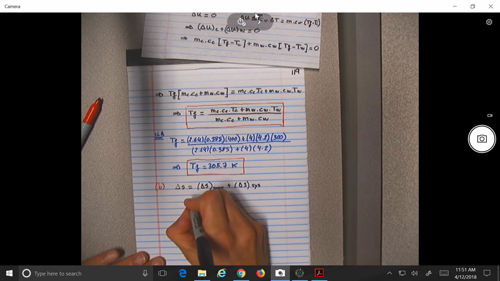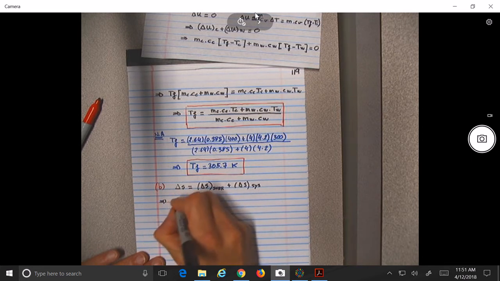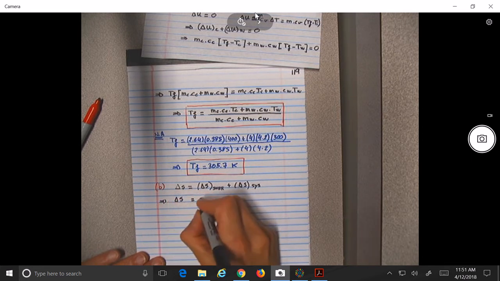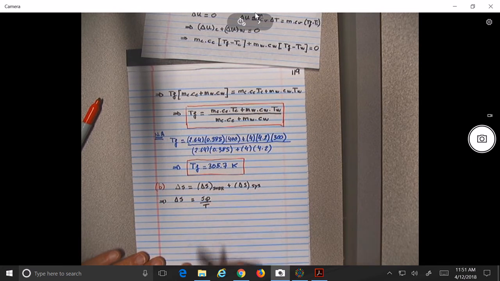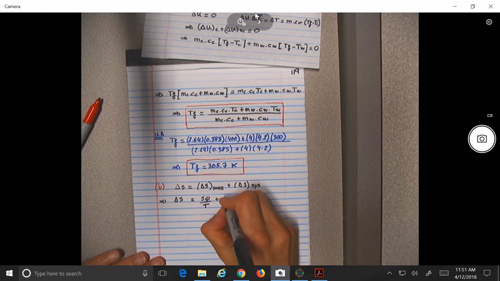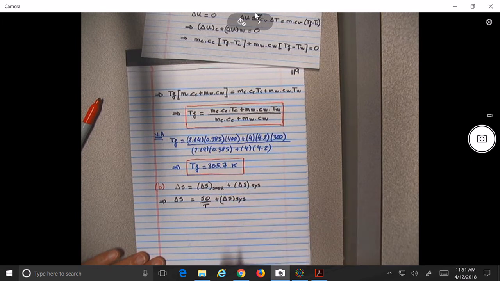And if you remember, I said that this one in 90% of the cases is equal to what? Delta Q over T plus delta S of the system. They call this sigma, I think, in the textbook. Delta S is equal to delta S surrounding. Yeah. Thank you.